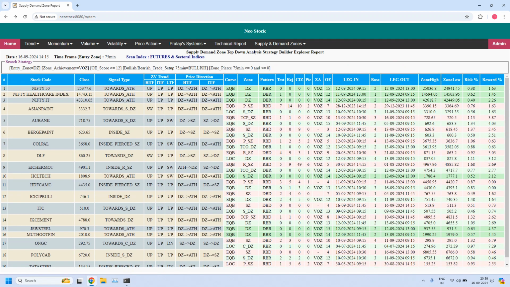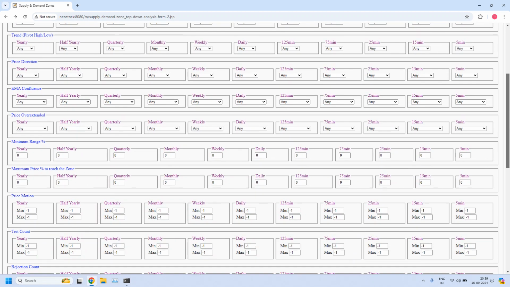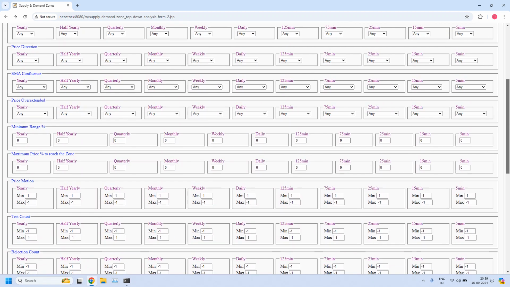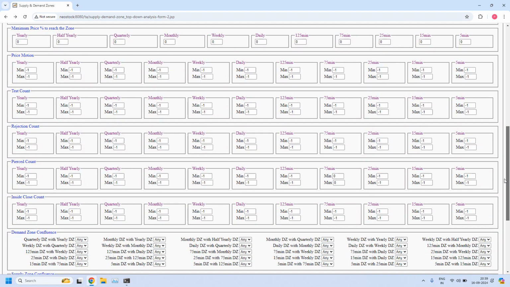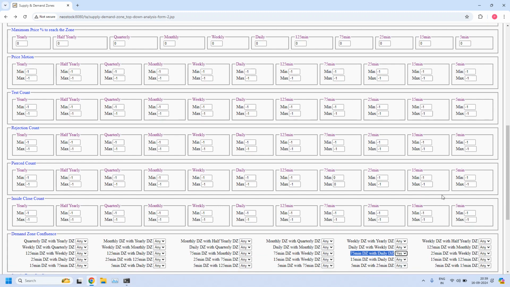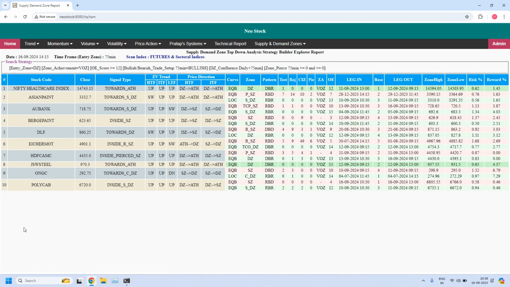Okay, total 19 stocks are filtered. I'm going back. In the demand zone confluence, 75 minutes demand zone with daily demand zone. I'm enabling the filter. Let me verify. So 10 stocks.